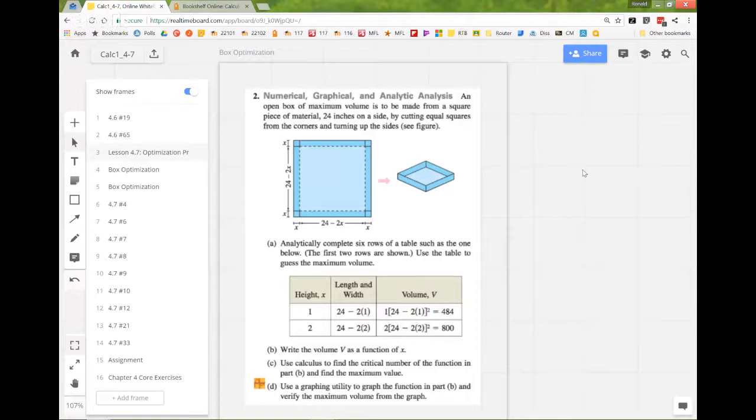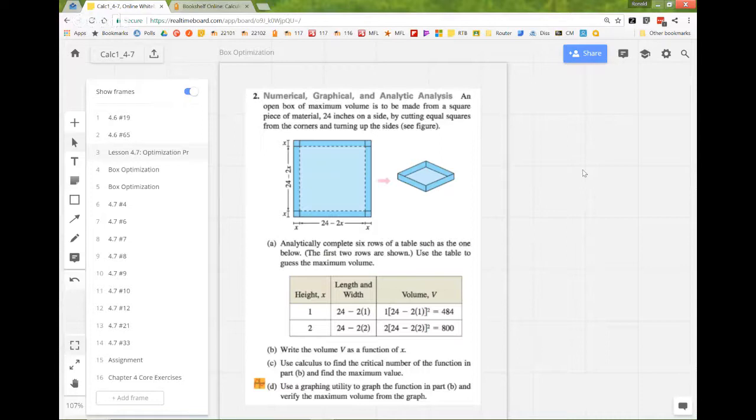And here's the big thing. The material is 24 inches by 24 inches to start off with. What you've got to do is figure out how big of a cutout, how big of an X, you need to cut out of the corners so that when you fold it up, you will get a volume of maximum size.